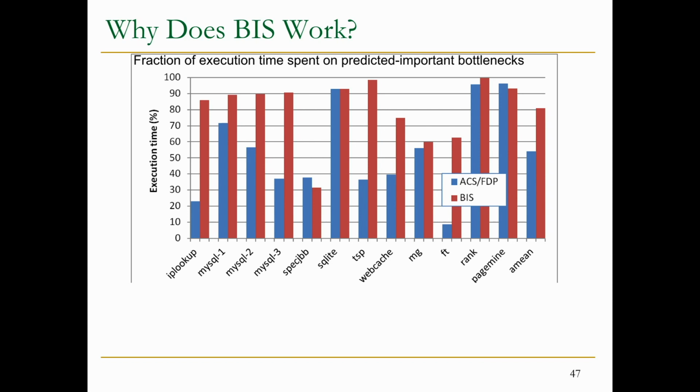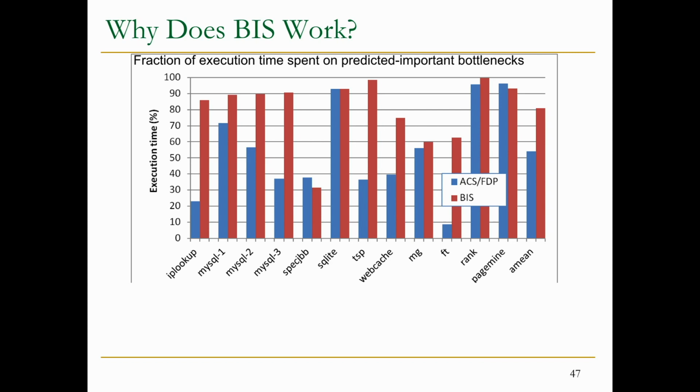You can think of this as the utilization of the large core also. 80% of the time you're executing something on the large core, which means you're utilizing the large core more with BIS, because you're identifying more bottlenecks, clearly barriers, other stuff like pipeline parallelism. So this is good. This is one metric. But of course, this doesn't tell you whether you're doing the right thing on the large core. You may be executing something on the large core 50% of the time or 80% of the time, but what fraction of it is right?